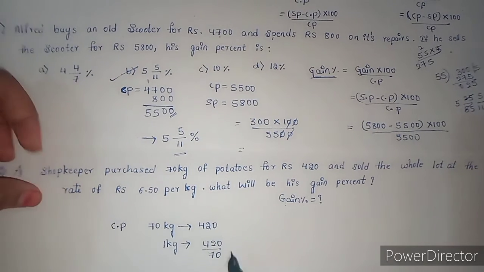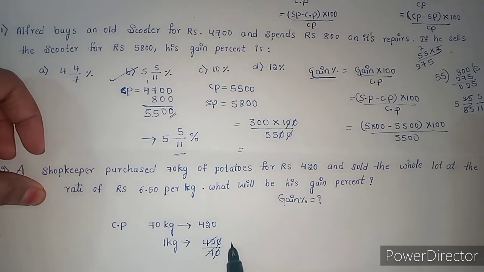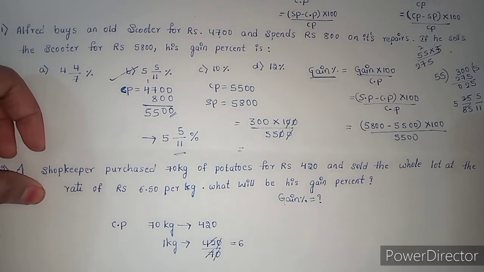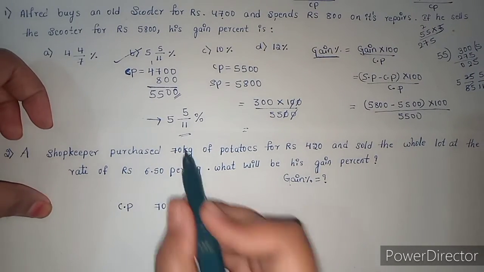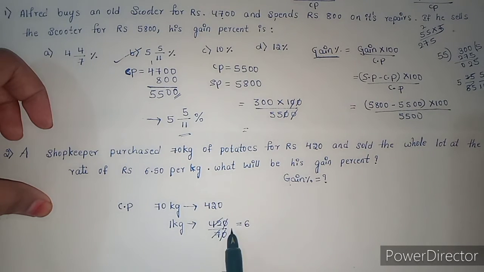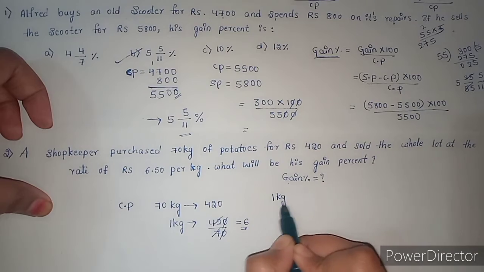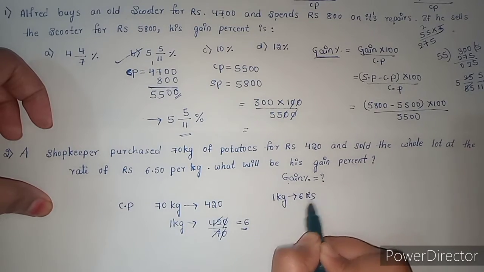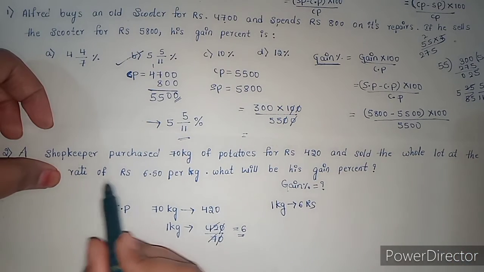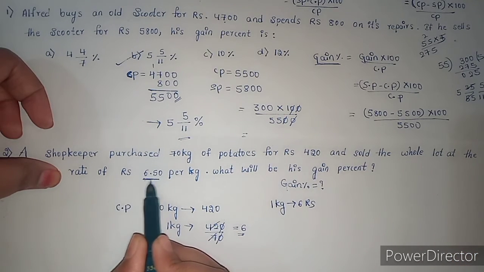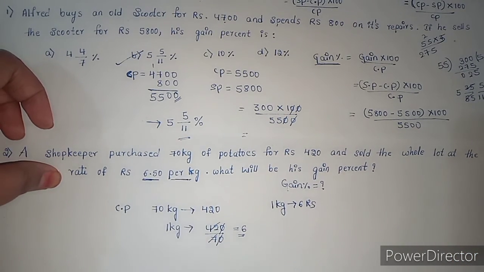Divide 420 by 70. The zeros get cancelled. 7 sixes are 42. Right? So here he bought 1 kg for 6 rupees. Clear? And then he sold the whole lot at the rate of rupees 6.50 per kg.